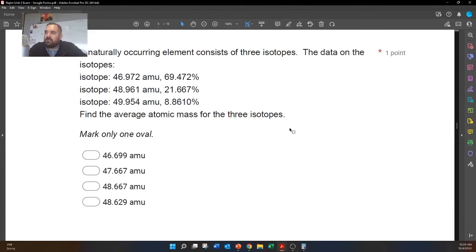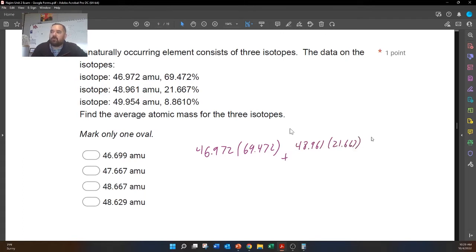A naturally occurring element consists of 3 isotopes. The data on the isotopes is below. So we're just going to have to plug these into our equation. It's going to be 46.972 times 69.472, plus 48.961 times 21.667.